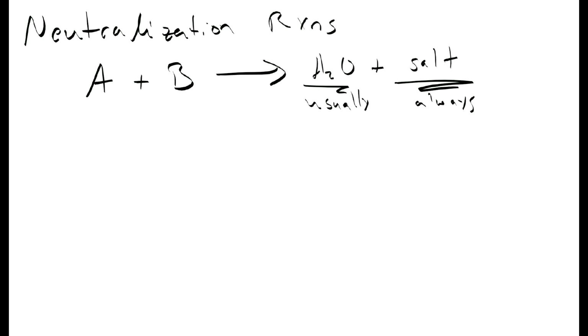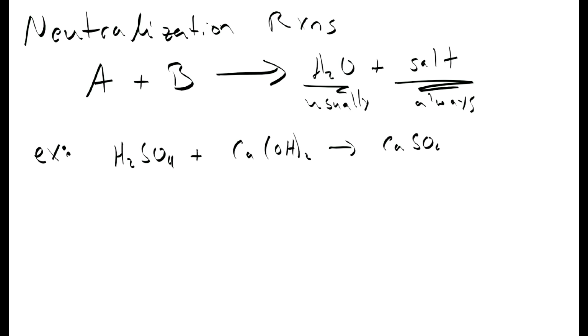So, for example, you could react H2SO4 with calcium hydroxide. Okay, this is a strong acid with a strong base. And what you're going to get is calcium sulfate, that's your salt, plus 2 H2O. Okay, because H plus OH minus yields H2O.